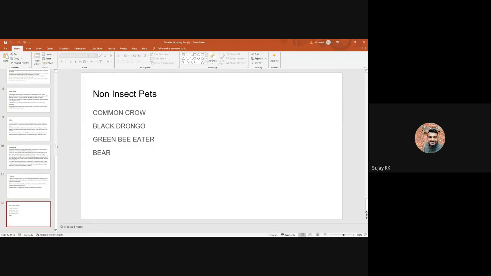Some of these birds are very common to the Western Ghats and not seen in other places. The common crow is common across all types of geographical areas, but the black drongo and green bee eater are found mainly in the deciduous and evergreen areas and the Western Ghats.